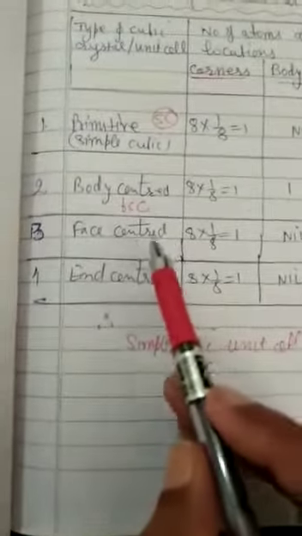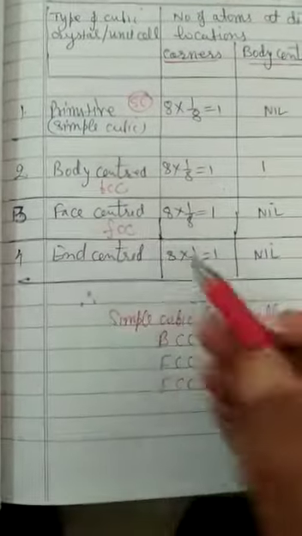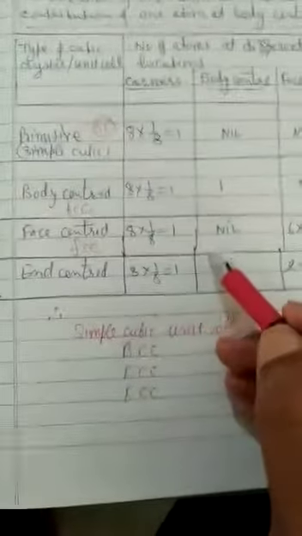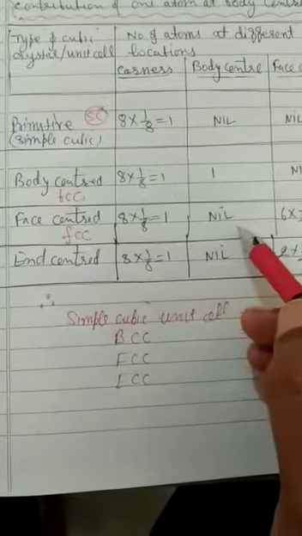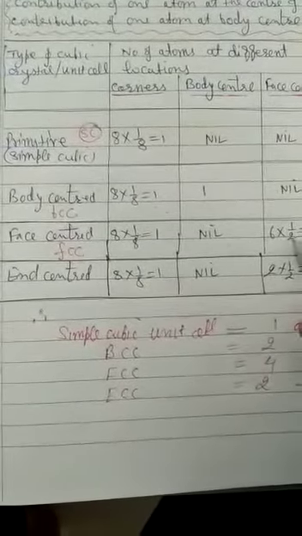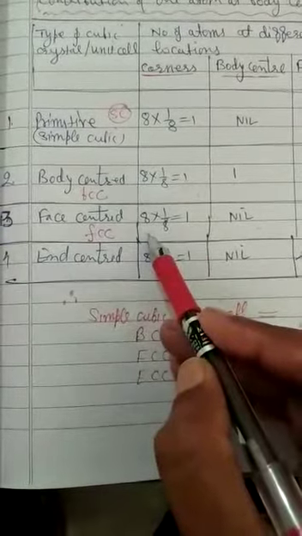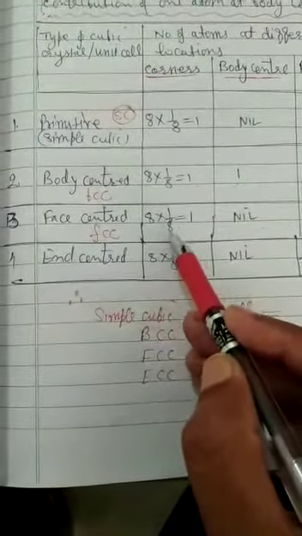Now, FCC, that is face centered unit cell. In FCC, there are atoms at all corners. There is no atom at the body center, and there are 6 atoms at the center of each face. Number of atoms at the corners: there are 8 atoms, and contribution of one atom is 1 by 8, so 8 into 1 by 8 equal to 1.